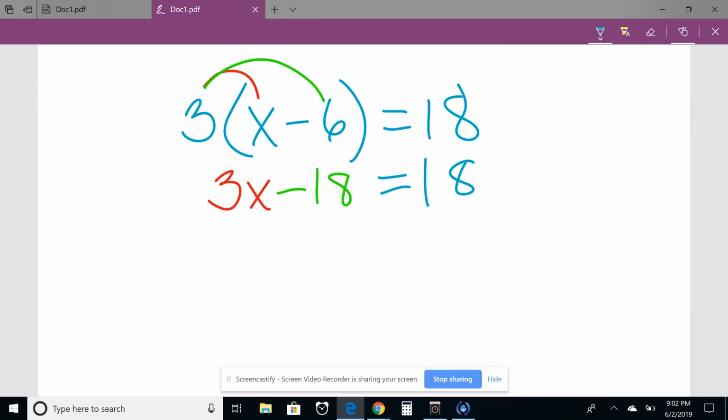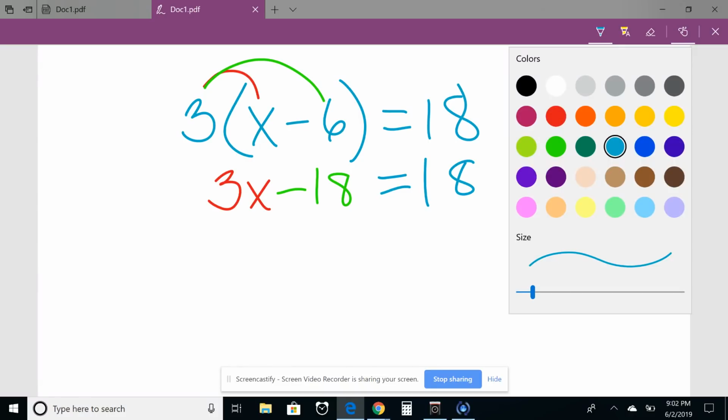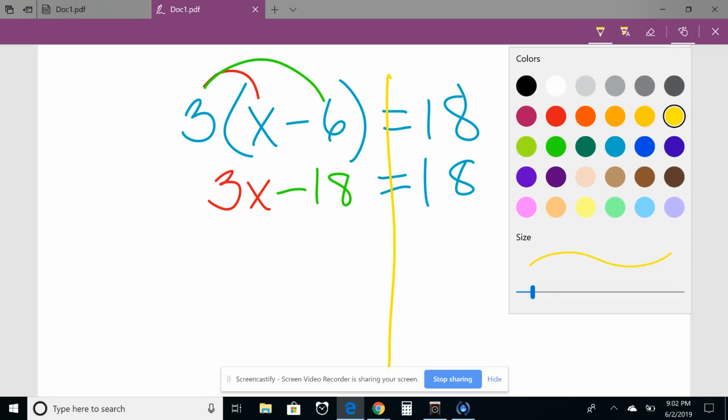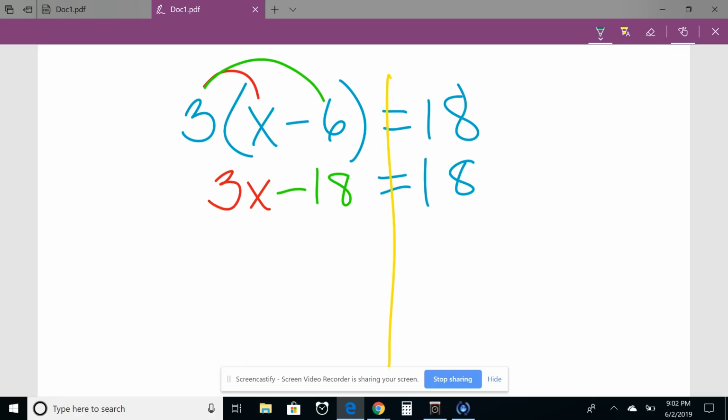And again, I like to draw the line down my equation just so that it distinguishes the sides and when to do the inverse operations or not. So this would be a problem you have to be careful of, because the opposite operation of minus 18 is plus 18.